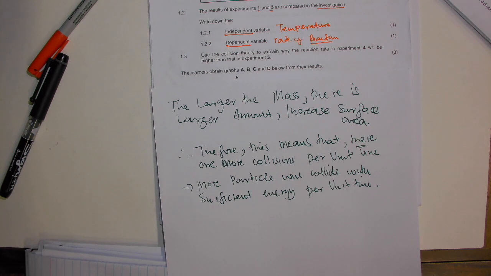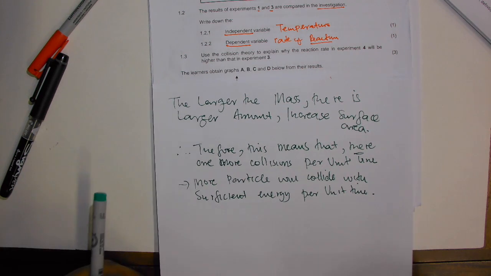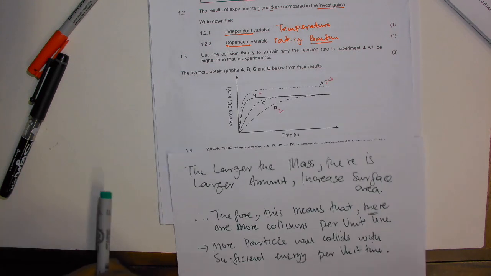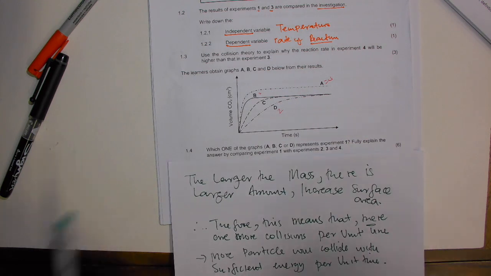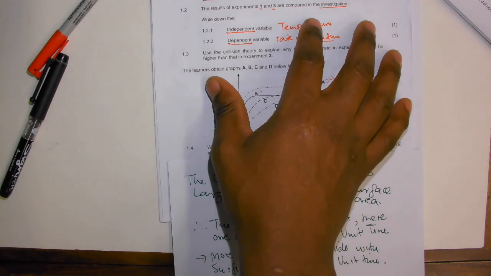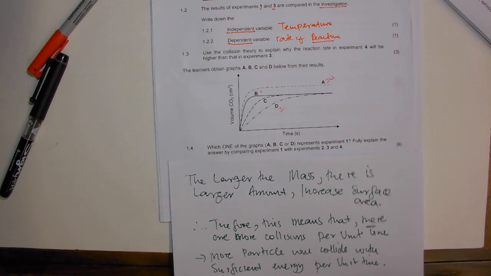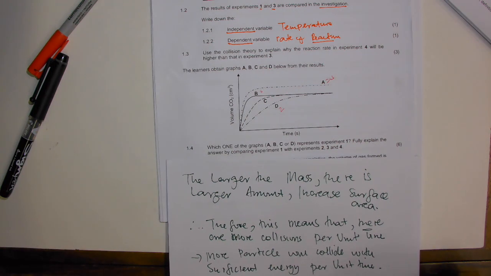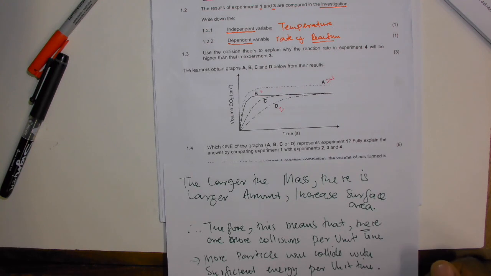Okay. Now let's try and understand what the next question needs. The next question says, the learners obtain graphs A, B, C, and D from their results. Okay? Which one of the graphs A, B, C, or D represents experiment 1? Okay? Fully explain the answer by comparing experiment 1 with experiment 2, 3, and 4.